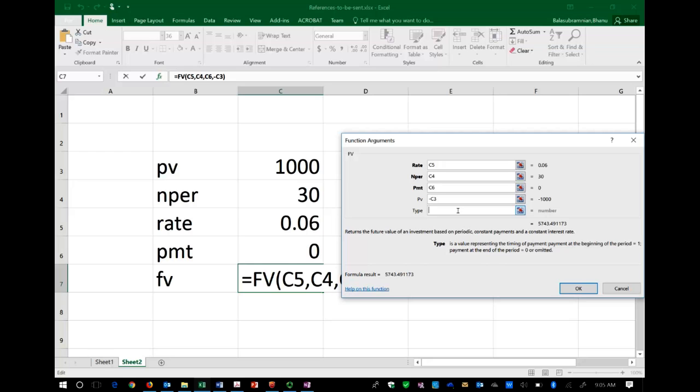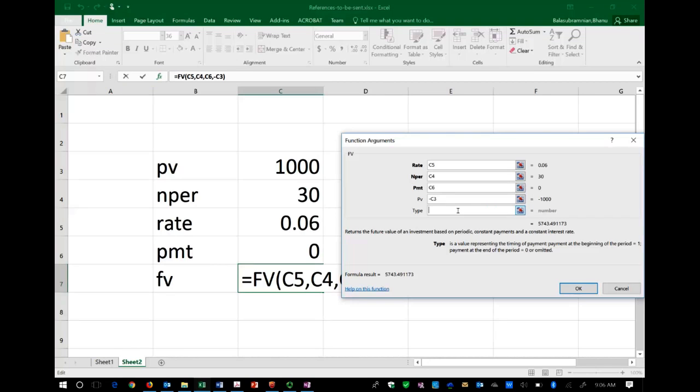Because remember, if I receive the cash at the beginning of the period, it has more value than if I receive the cash at the end of the period, because I have to wait for a year, right. In this case, a period is a year. So, 0 is receiving at the end of the period, and number 1 indicates to the Excel spreadsheet that it is at the beginning of the period, right.